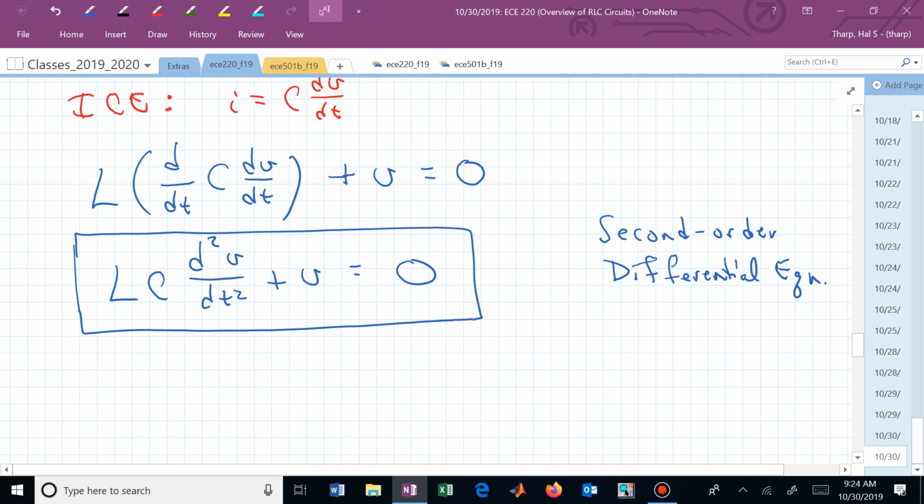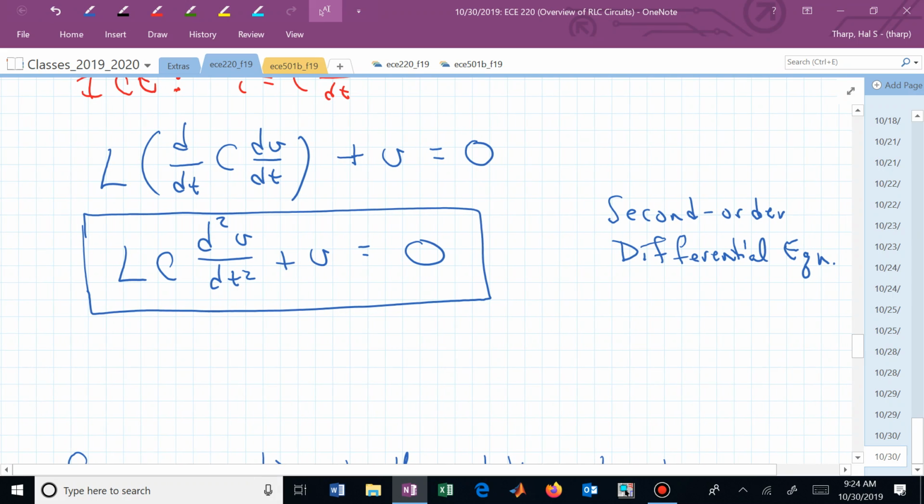Where I was going with this, before somebody asked about the sign on the voltage of the inductor, which was a valid question, is I wanted to isolate my second derivative by itself, on the left. Maybe that's the standard form, and it will be when you go to higher classes and learn about state variable descriptions in 320 maybe, 340.